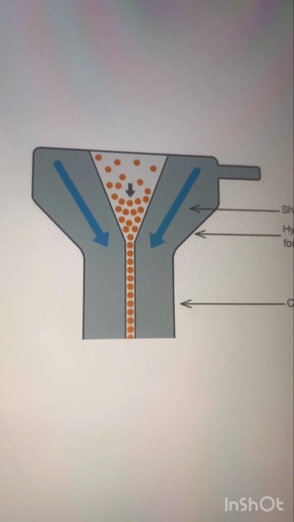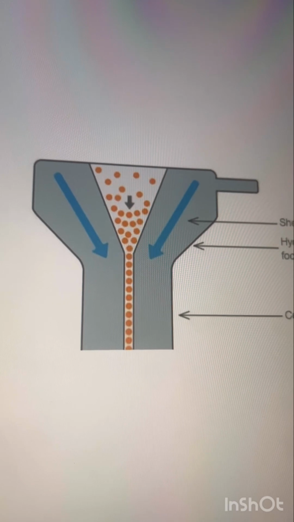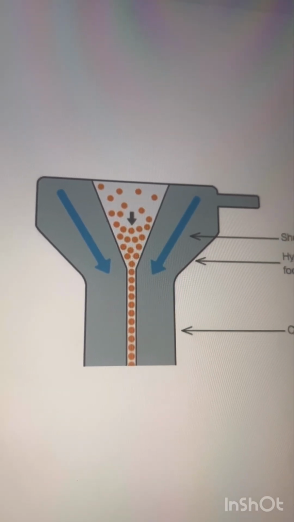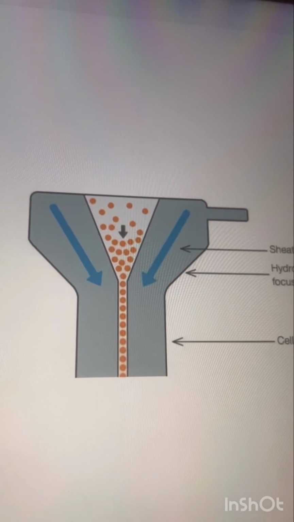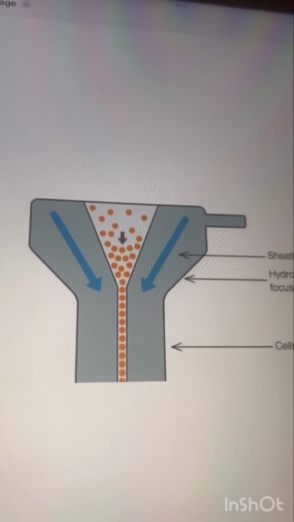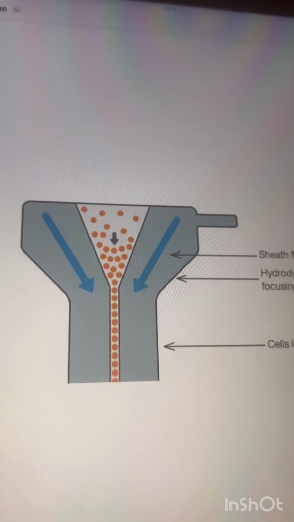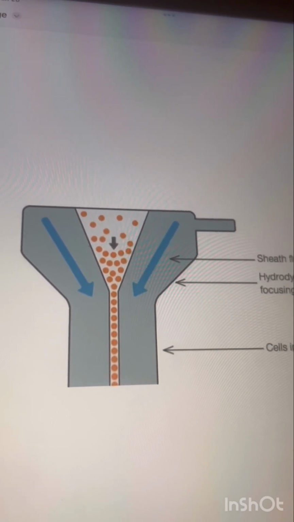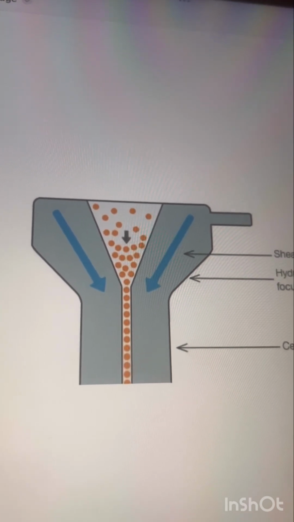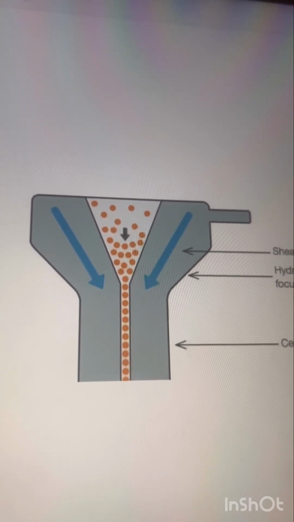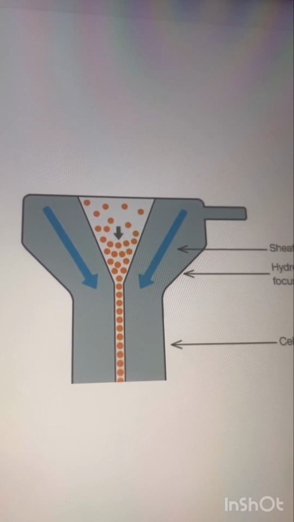Another point is that flow chamber design is very important in flow cytometry. The flow chamber is used there, and the design of the flow chamber is very important. There are basically different types of flow chambers used, such as the cuvette style flow chamber and the jet in air chamber, and there are also some others, but those two types are used mostly.